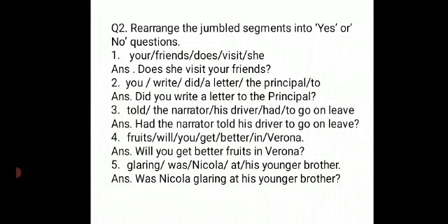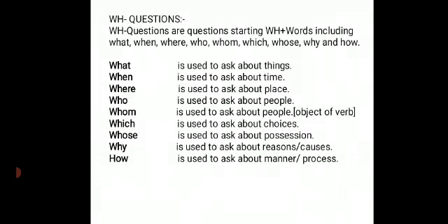Fifth sentence is glaring, was, Nicole, at, his younger brother. So again auxiliary verb is was. Was Nicole glaring at his younger brother? Yes. So after this, now you must have understood the yes no questions.